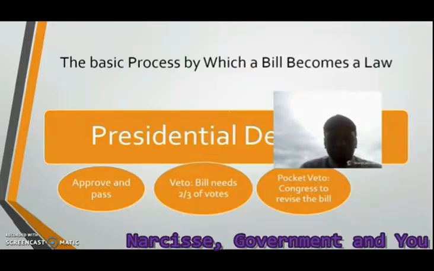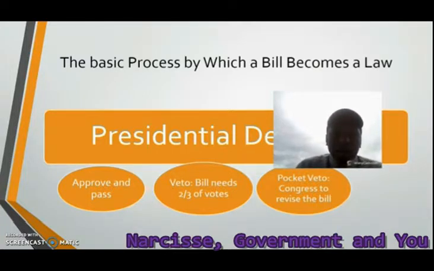After that, the committee, after voting that the bill can be a law, submits or sends that bill to the Congress. The Congress, remember, is composed of senators and the House of Representatives. They study and do different research about the bill.